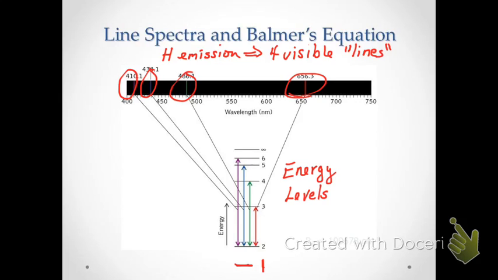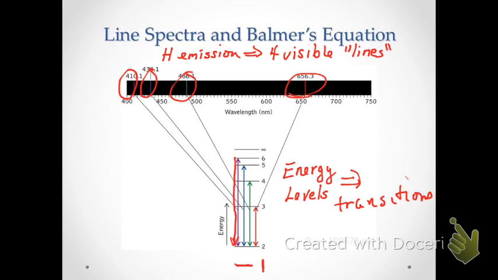So in this situation, the colors of the light emitted depend on transitions between these energy levels. The hypothesis that these levels exist can explain that the violet line that we see corresponds to a transition going from level 6 to level 2.